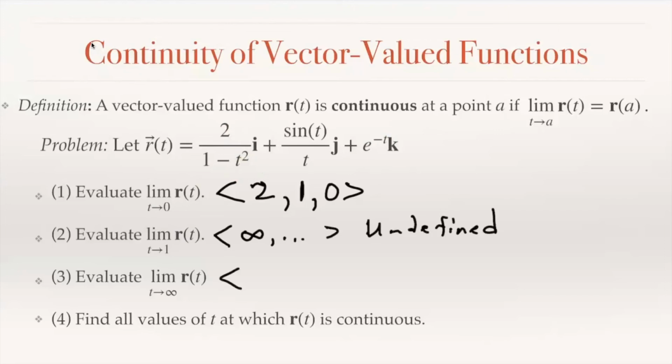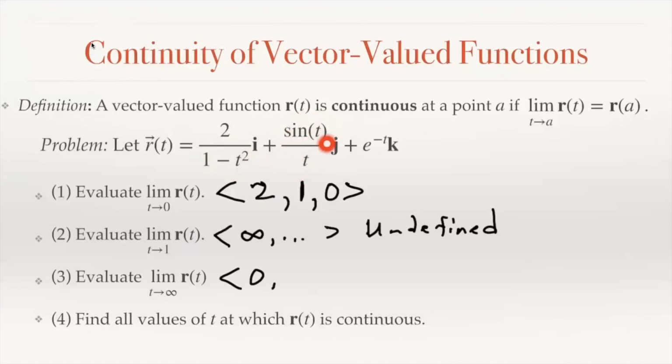And as t approaches infinity, now we have 2 over 1 minus infinity squared. That's 2 over an arbitrarily big number. 2 over a huge number goes to 0. So first component is 0. Okay, second component, we have like sine of a huge number over a huge number.